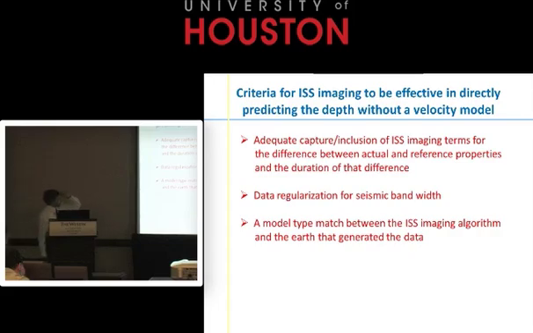There are things that have to be satisfied for inverse scattering imaging to be effective in directly predicting the depth without a velocity model. You have to have adequate capture, inclusive of terms, for the difference between actual and reference properties and the duration of that difference.